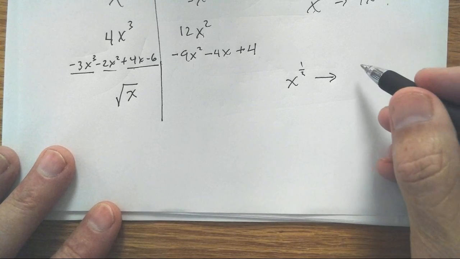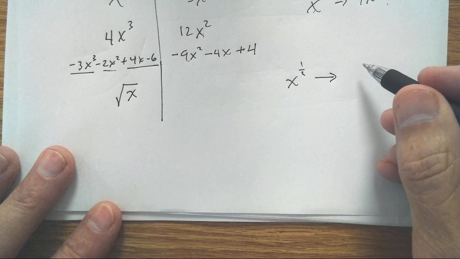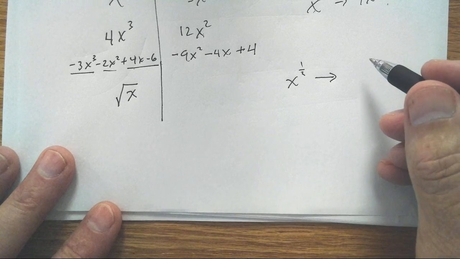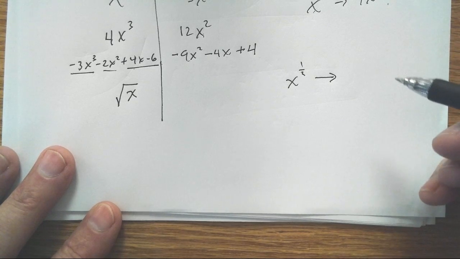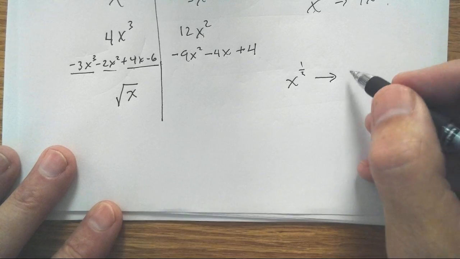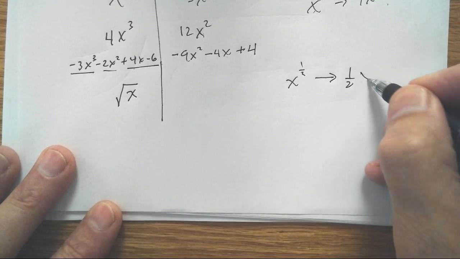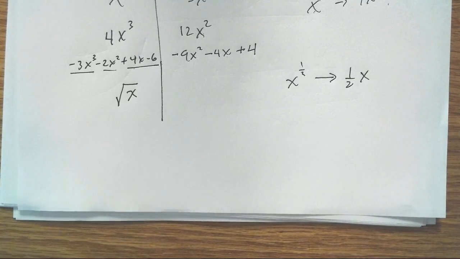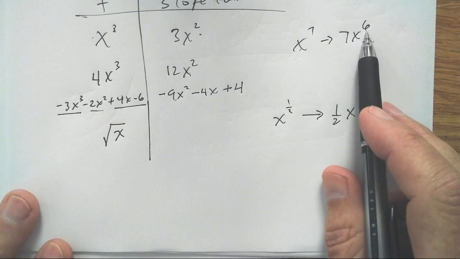Who wants to give me this one? Got a confident pair back there. Anybody else want to take a shot at this? Yep. 1/2. It is not 1/2 x. 2x? It is not 2x. Yeah. 1 over 2x. It is not 1 over 2x, but I like your thinking. Where'd this 6 come from?